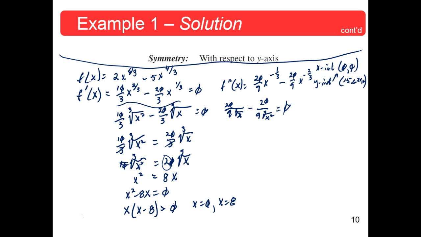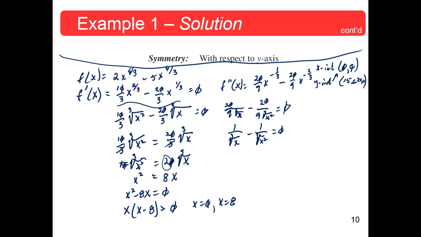All right. So we're first going to say where this is equal to 0. The 20/9 can be factored out, just done away with. And what we have then is 1 over the cube root of x minus 1 over the cube root of x squared is equal to 0.